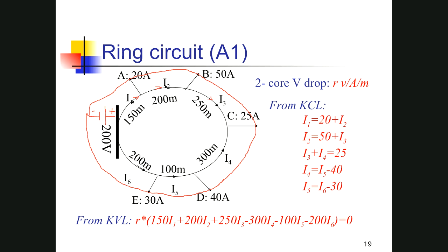Similarly, for part 1, you have I1 on the outside that is opposite to what you assume in the inner side, and I2 here opposite, I3 opposite, I4 opposite, I5 opposite, and I6 opposite.